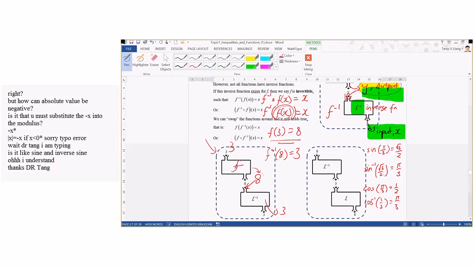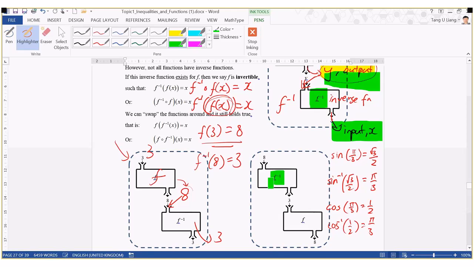Just to finish off this page, now guys, we can also start with f inverse. You see we're starting with f inverse, so this is the other box now. We can study what happens if we put in 8. F inverse takes in 8, and it's supposed to return you 3.